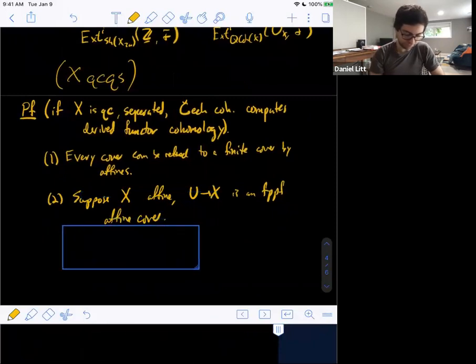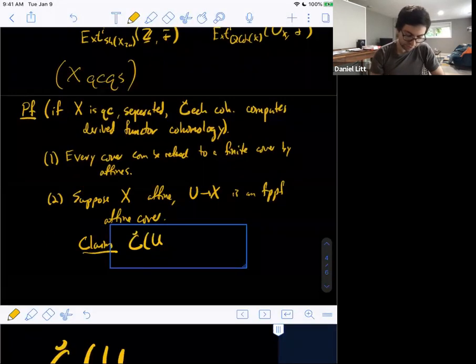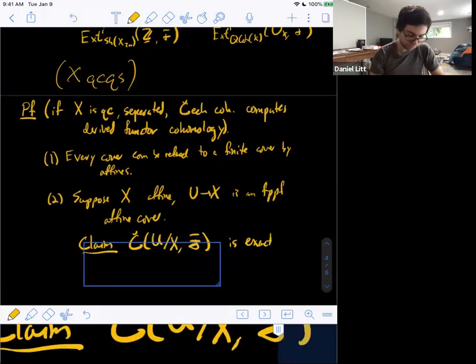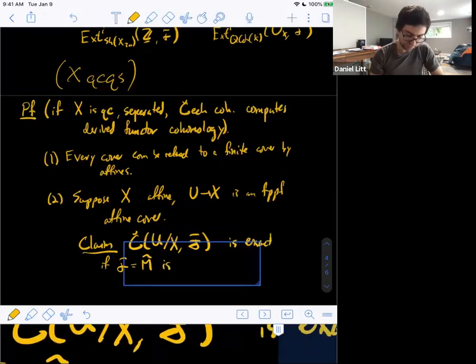So then the claim is that the Čech complex for U over X with coefficients in any quasi-coherent F is actually exact. So let's suppose we're on an affine, so we can assume F is the quasi-coherent sheaf associated to some module M.